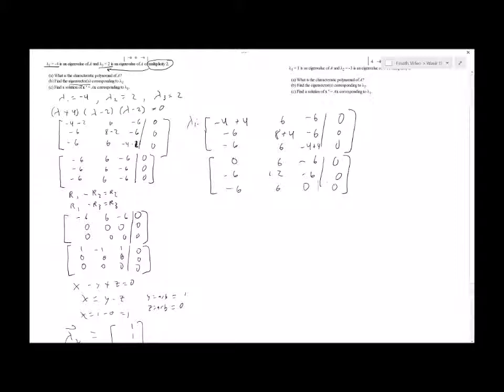Now, I don't know if you can see, but row 2 is row 1 plus row 3. So you just see that will go to 0, but the easiest way to do these is to try and get it to row echelon form. So I'm going to flip these guys.